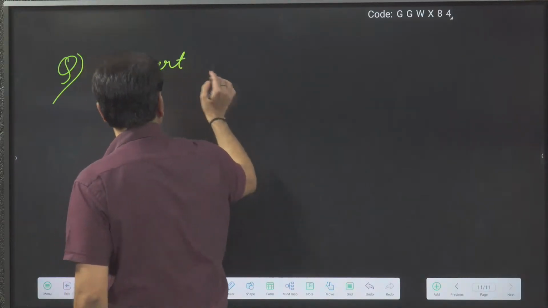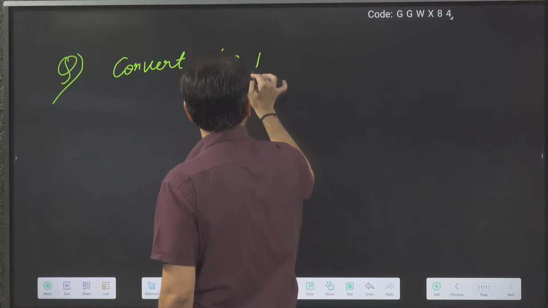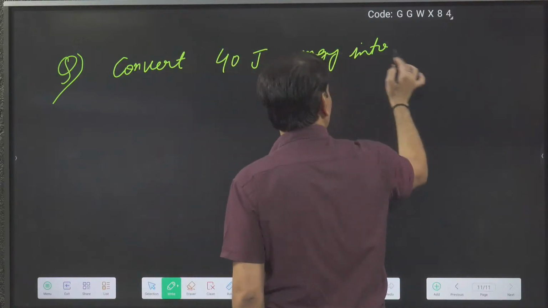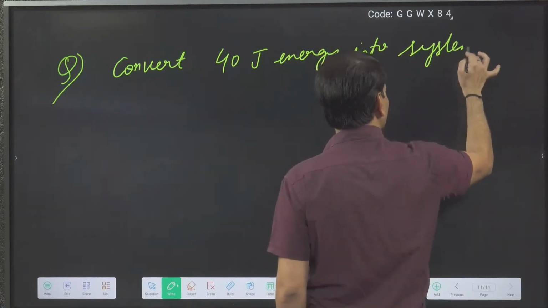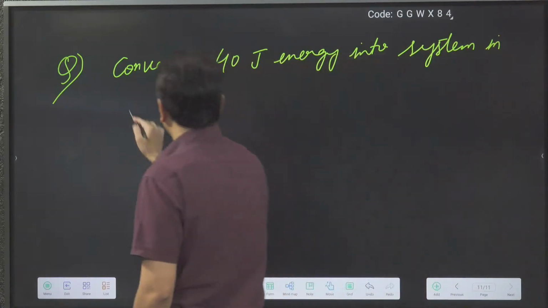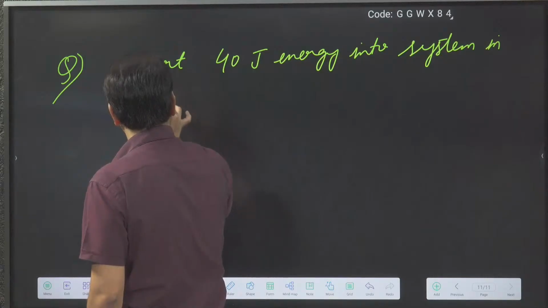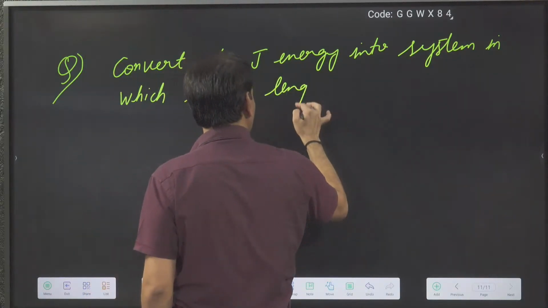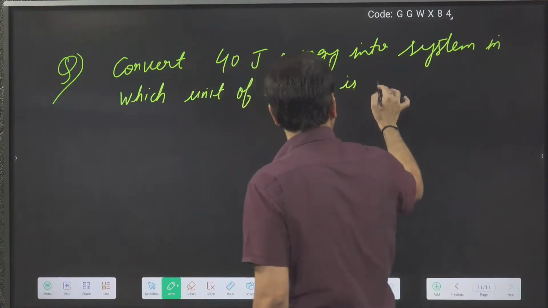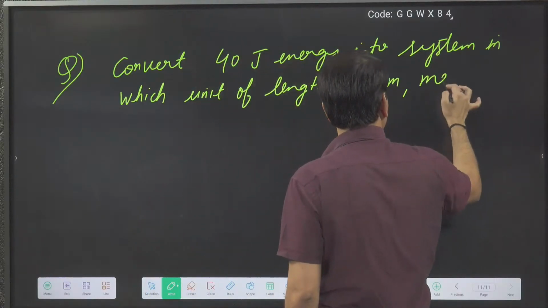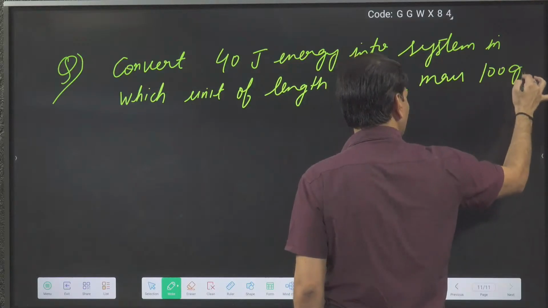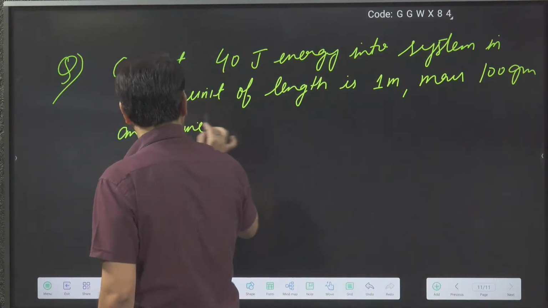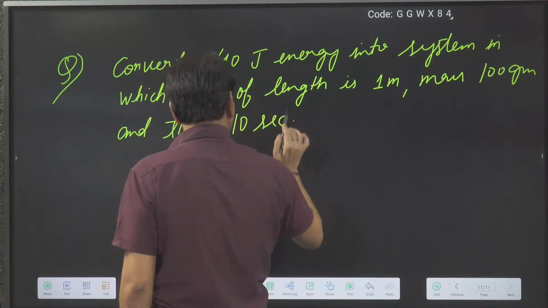Convert 40 joule energy into a system in which unit of length is 1 meter, mass 100 gram, and time 10 second.